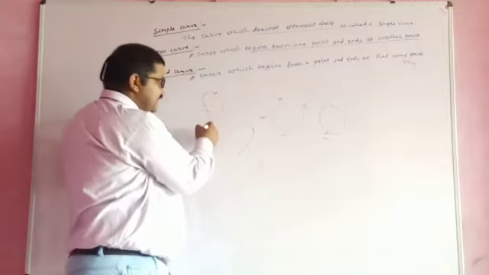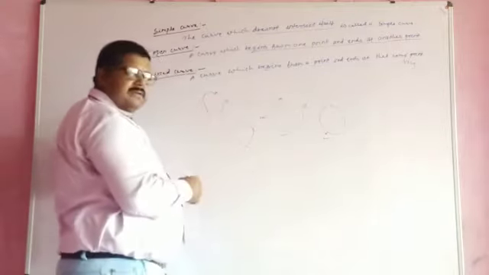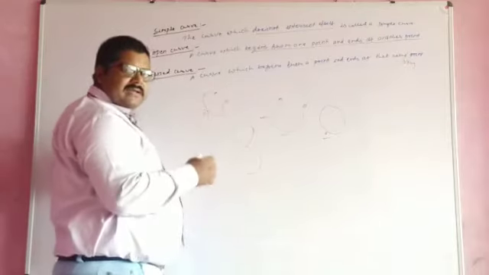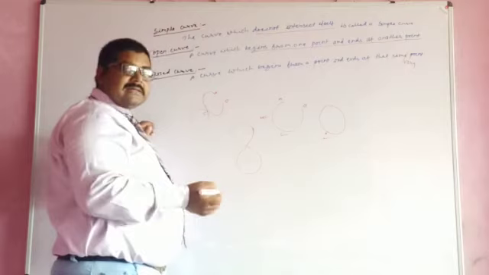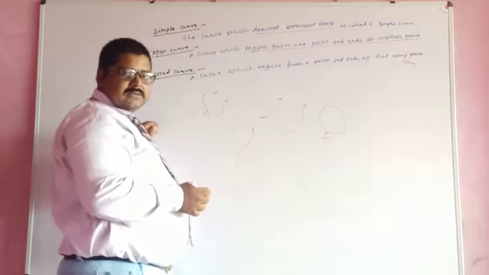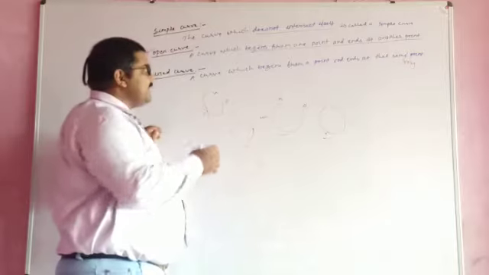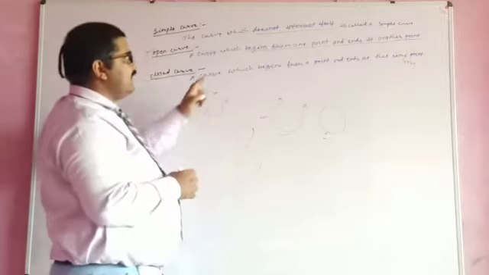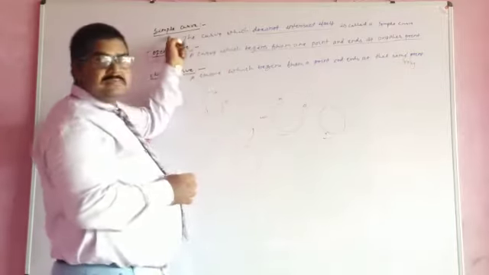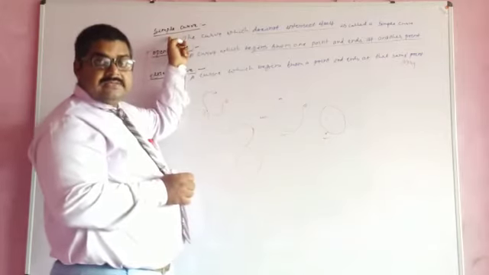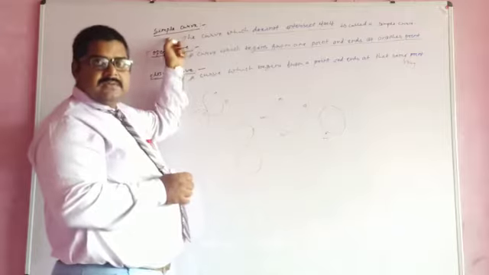It begins with A, ends with B, but also intersects at C. When it intersects at any other point except the end point or starting point, then it is known as a complex curve. It cannot be called a simple curve.